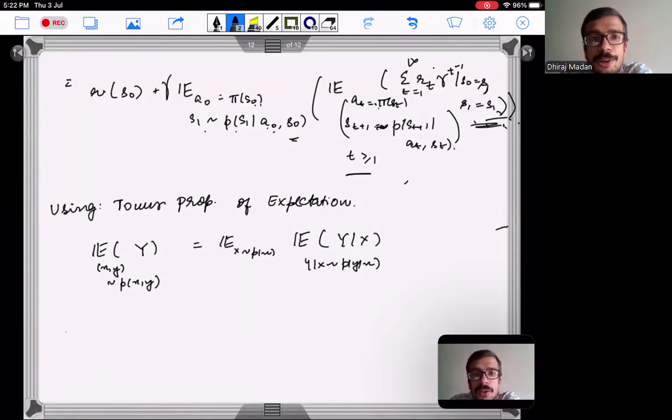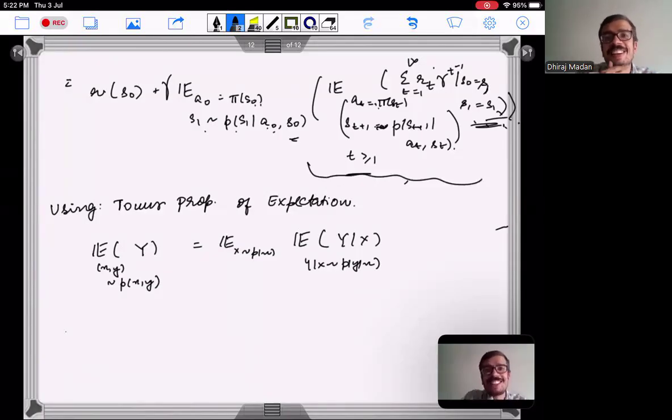Now if you look at the inner expression, what is this? This is essentially the value function, provided you start from the state S1 instead of starting from the state S0. Think about it: when you condition on S0 and S1 both, then conditioning on S0 is not important.